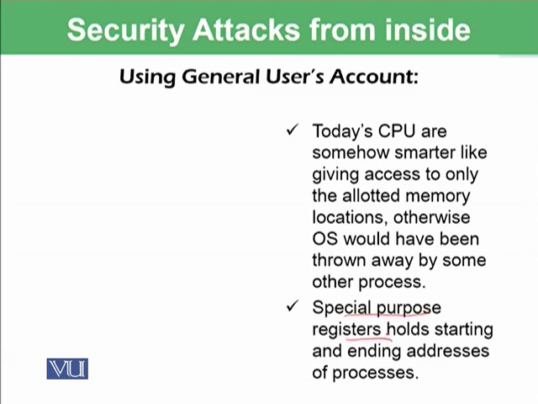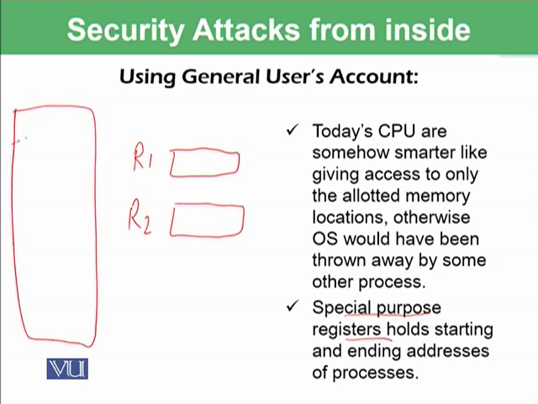Like there is a register R1, and this is R2, and here is the RAM. In R1, the address would be saved for a particular process, for example, process 1. Like we can say that this process is the operating system itself. R2 has the address, for example, 500.